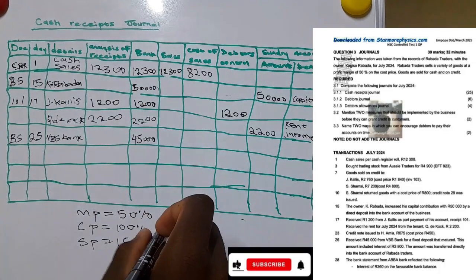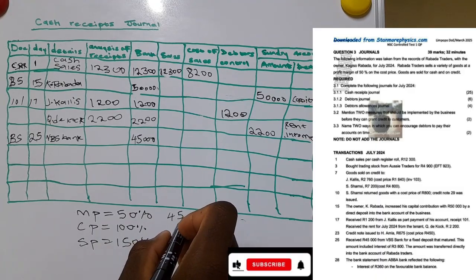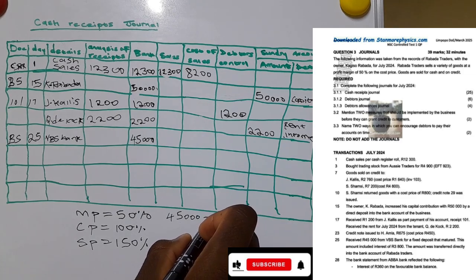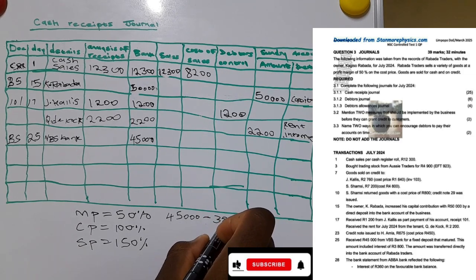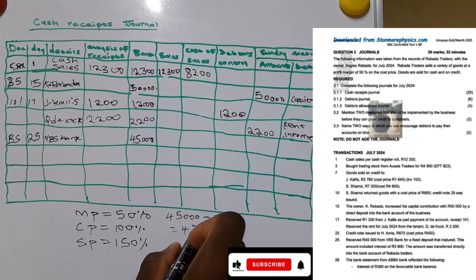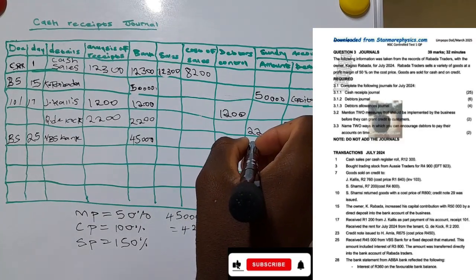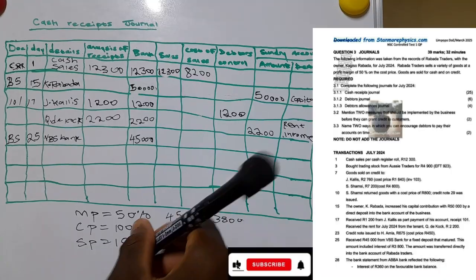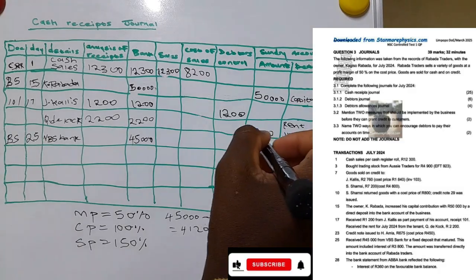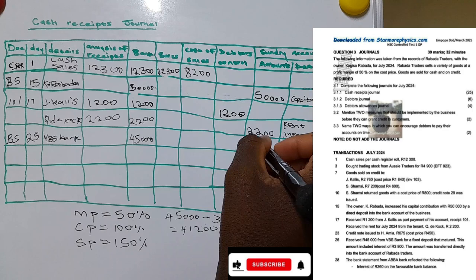So firstly, you're gonna say 45,000 minus how much? Minus 3,800 for the interest, which is going to give us 41,200. So firstly, we're gonna record this one separately. It's 41,200, guys.